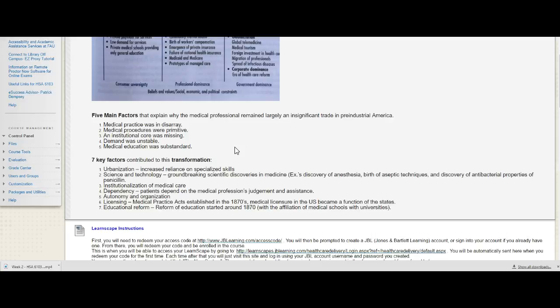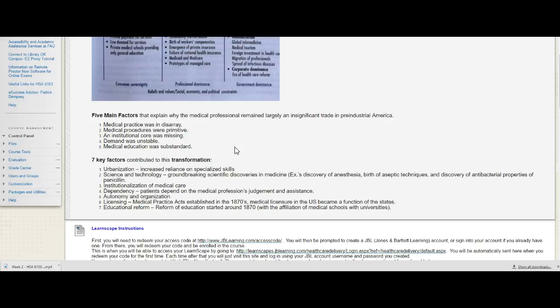Fourth is dependency. A patient depends on the medical profession's judgment and assistance. How this dependency is created is because society expects a sick person to seek that medical help and try to get well.